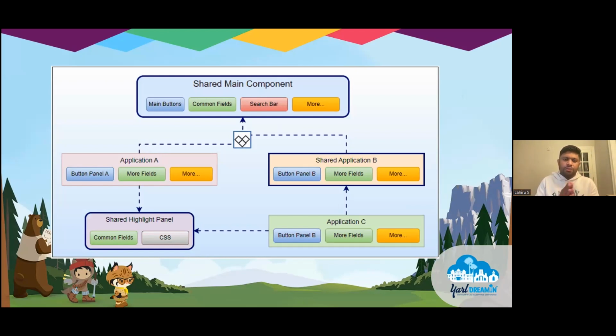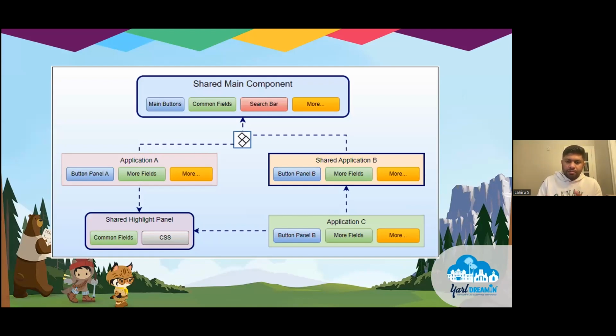So it will be used on application A, let's consider it as site A, and also application B. You don't have to reinvent the wheel again and again for this side panel or main component. Because if you implement it as a reusable component, thinking about the overall future of the applications, you can straight away plug and play this shared main component in your major applications.